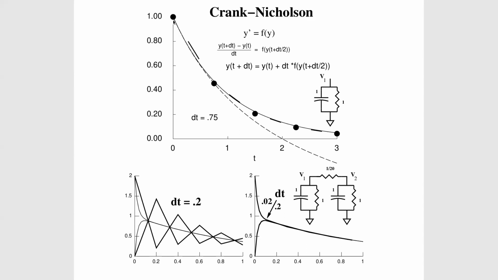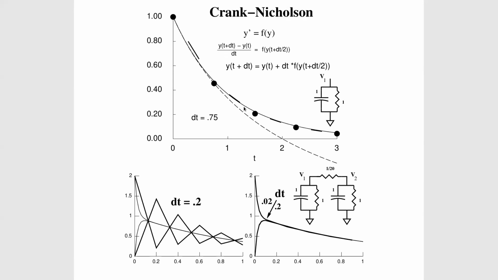So we essentially do a backward Euler for half of the time step, and whatever that did to the value of y, we take an additional amount off of y and end up here. So that's very cheap, very inexpensive, and it gives a much more accurate solution.